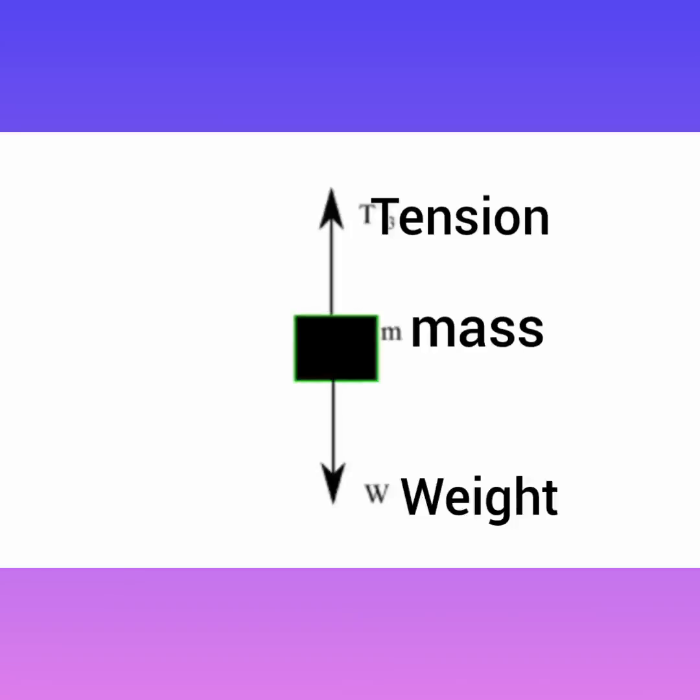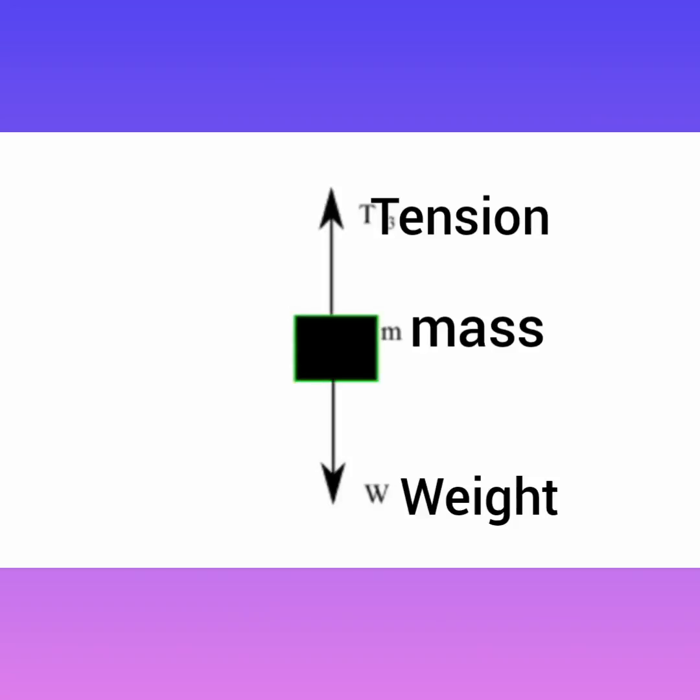The tension force is always supported by the string, and if that string breaks, the tension is gone, and then the object will fall down. Tension is a contact force only, children. When you try to stretch a rope or string, the tightness of the rope or string is called tension.